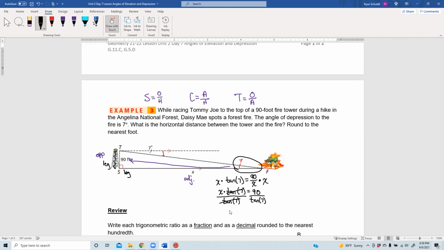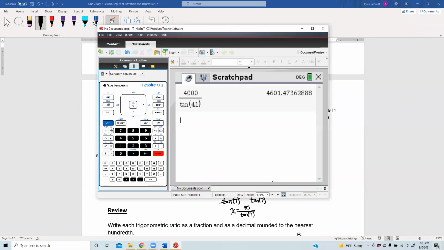Let's cancel. We get x equals 90 divided by the tangent of 7. So let's type that in. 90 divided by the tangent of 7.